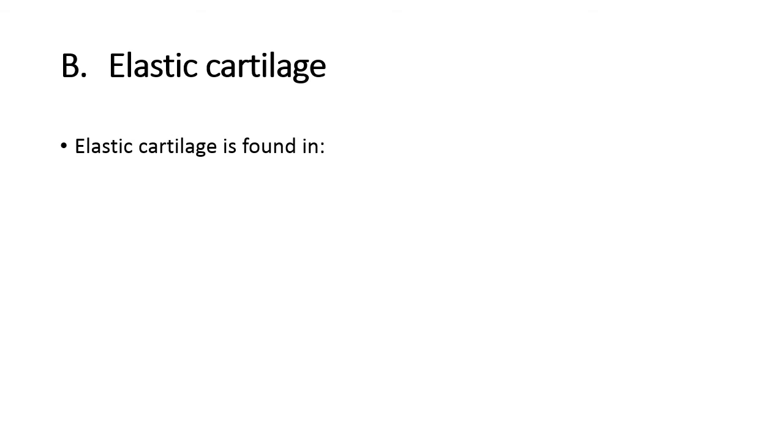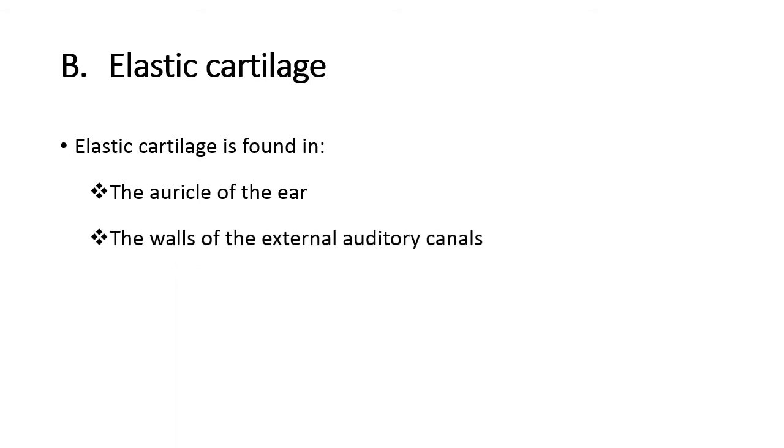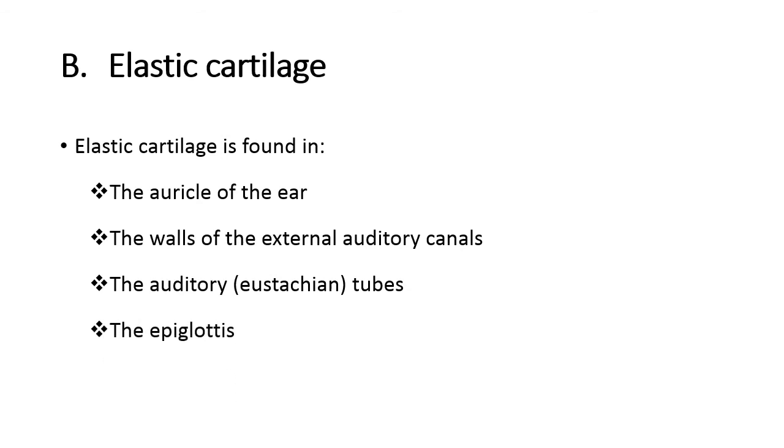The elastic cartilage is found in the following areas in the body: the auricle of the ear, the walls of the external auditory canals, the auditory tubes or Eustachian tubes, and the epiglottis.